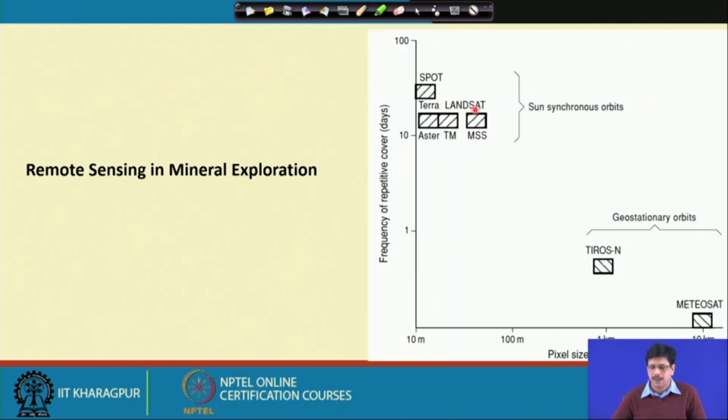Okay. With that little bit of a brief introduction of the geology and exploration methods that are employed, we will try to have a bit of an overview, a general idea, about a very widely used methodology of the present day, that is remote sensing in mineral exploration.